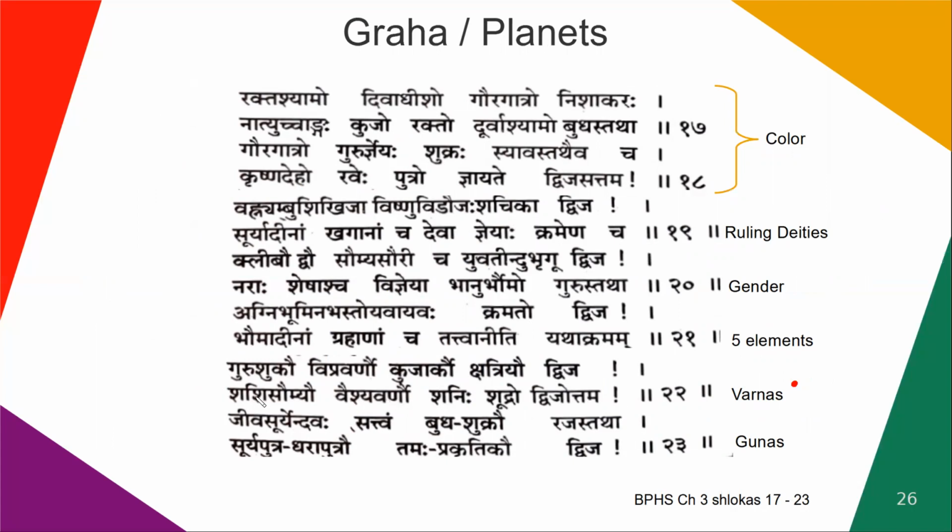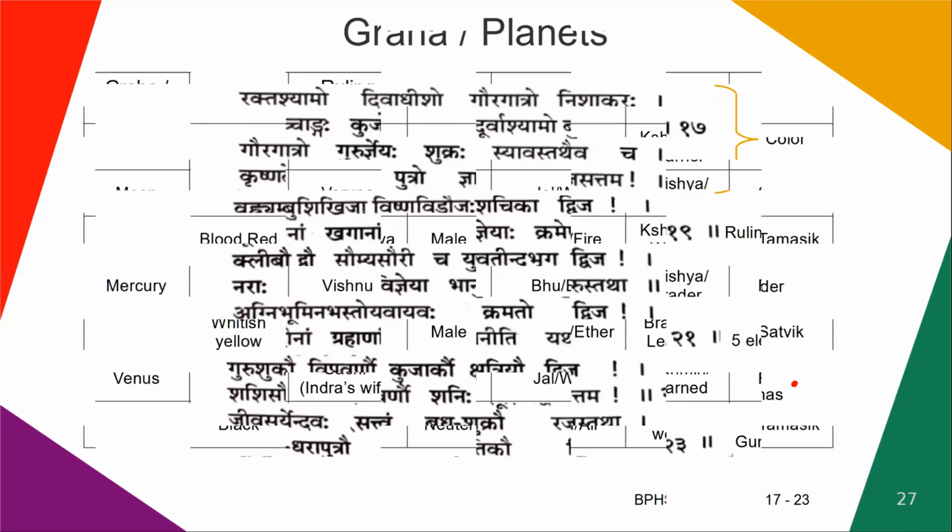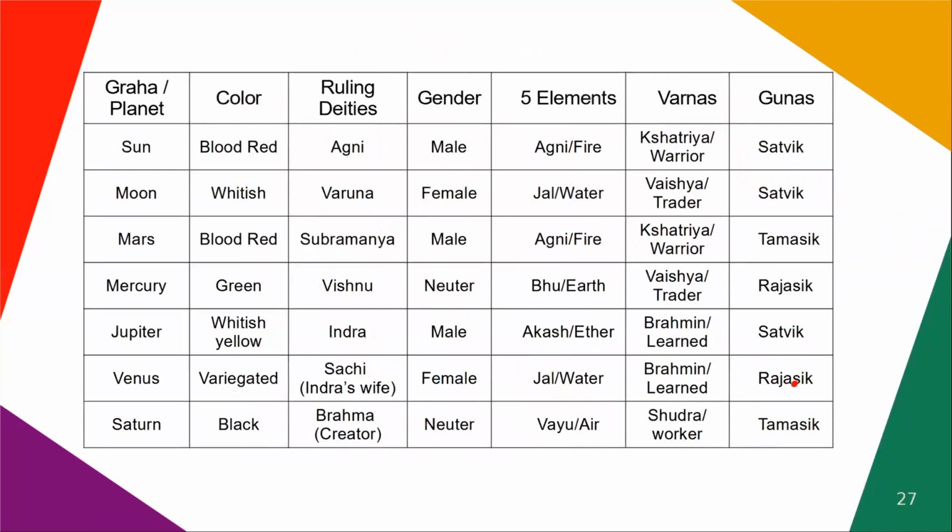Let's go to the shloka. Jiva Suryendava Sattvam Buddha Shukrau Rajas Tatha Surya Putra Dhara Putrau Tamah Prakriti Kau Dvija. So in this shloka, Maharshi Parashara gives us information about the types of guna which each planet belongs to.